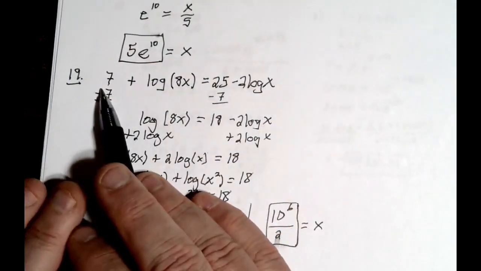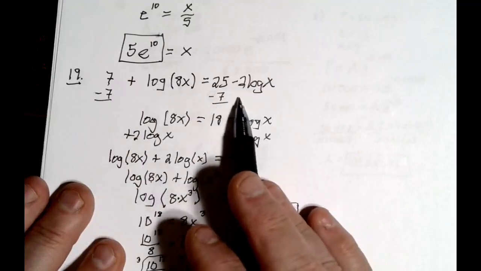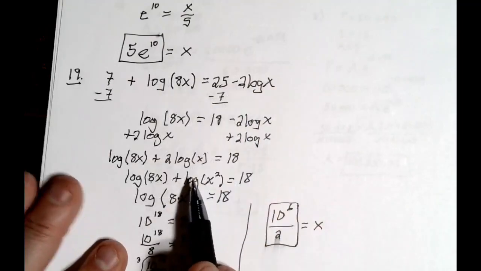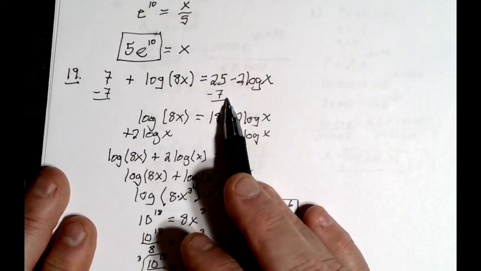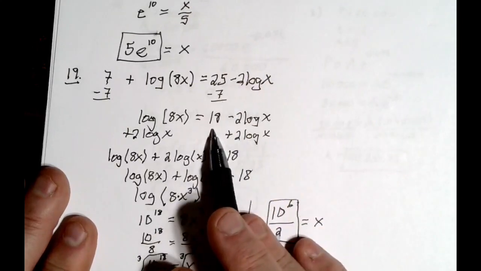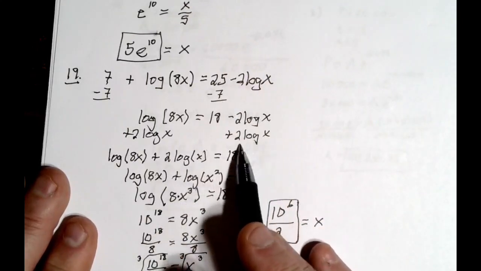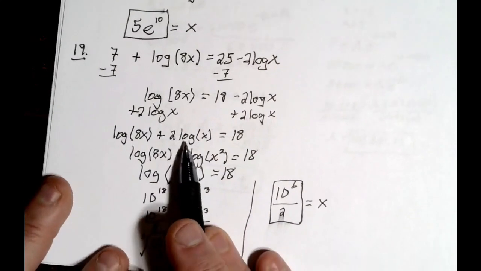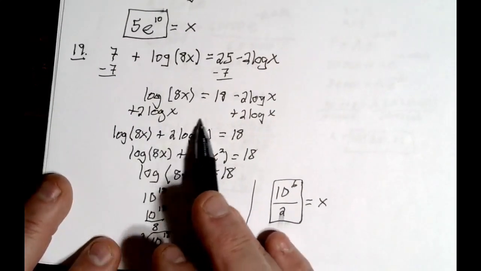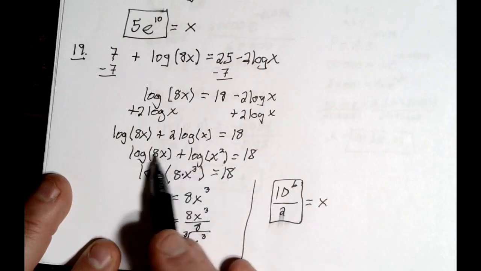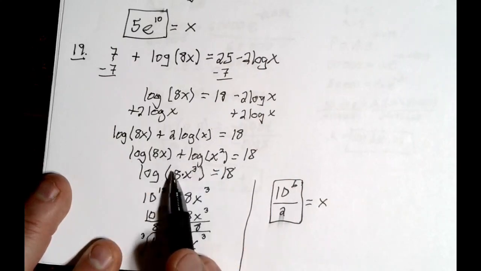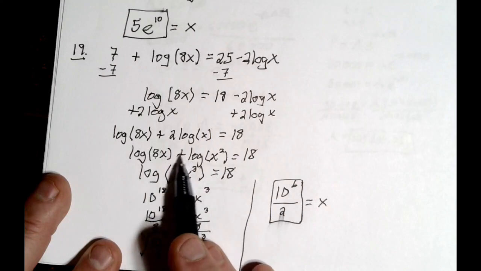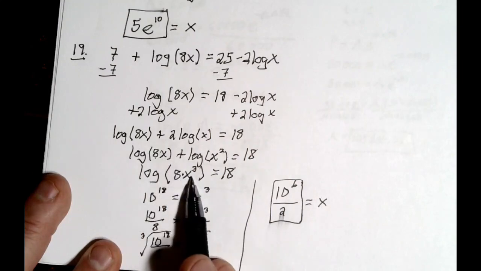Number 19, you want all your logs on one side and all the numbers on the other. So first thing I did was I brought all my numbers to the right by subtracting 7. And then I added 2 log x to get all the logs on the left. And now I want to move that 2 into the exponent so that I can rewrite these as one log. They're being added so you multiply them.